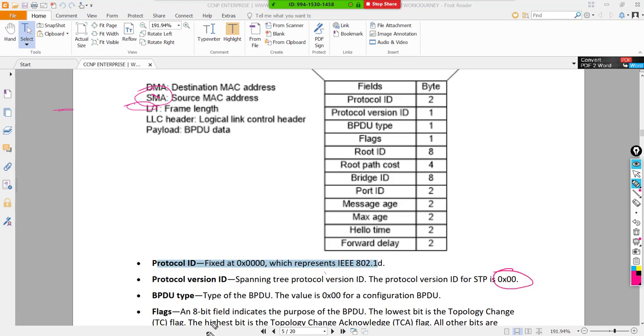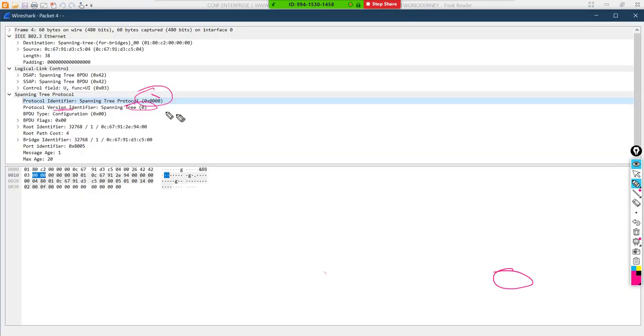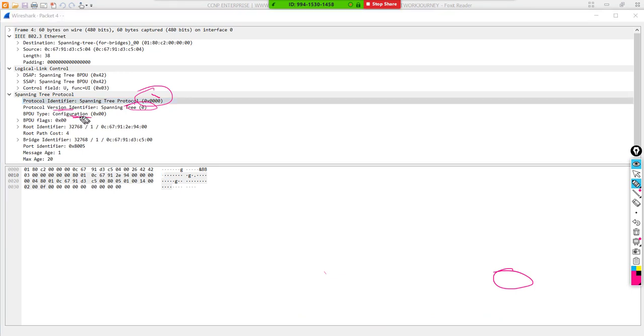We have the BPDU type. Now this is a configuration BPDU. We are discussing all the states like blocking, listening, learning, and forwarding. These are handled with the help of the configuration BPDU.